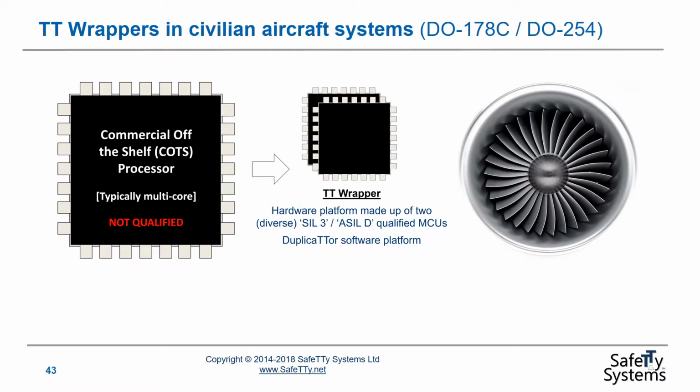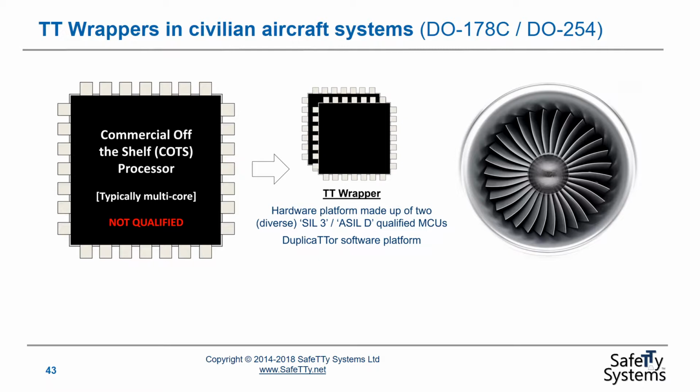Final TT wrapper example we'll look at is in civilian aircraft systems. When developing modern aircraft systems, typically these days off-the-shelf processors are used, which are not aerospace qualified. This is now almost inevitable.